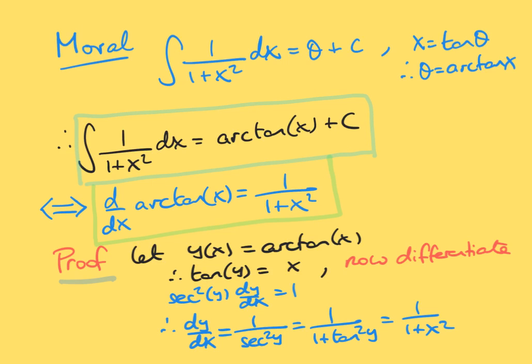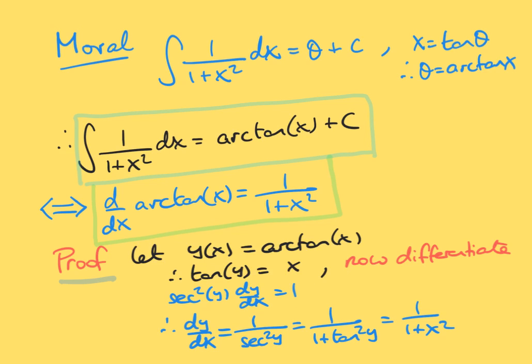And on this side, the tangent of the arctangent of x is just x. Differentiate both sides. Here we use the chain rule. Sec squared, derivative of tangent, the same argument, y of x, and then from the chain rule we must multiply by the derivative of the argument, so that's dy/dx, and on this side, of course, we obtain 1.